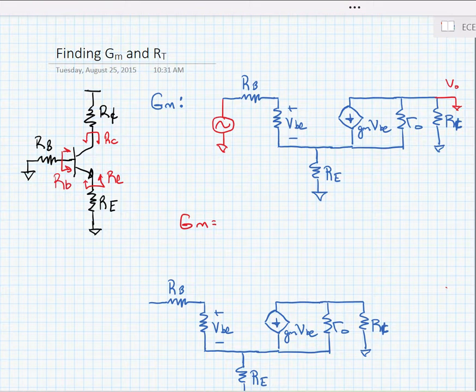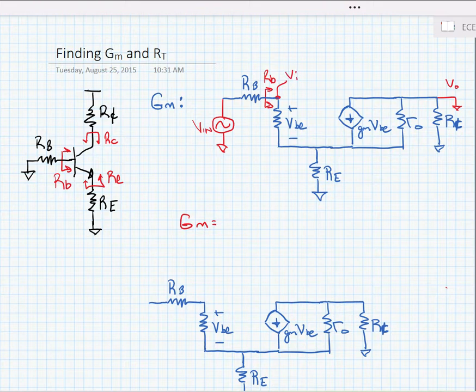So here we've short-circuited things. And I'm going to move the input frame to the base node, noting that we'll have to take care of the voltage division that exists because of R little b and R big B later on.